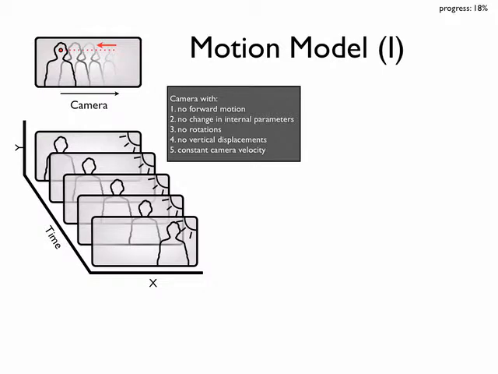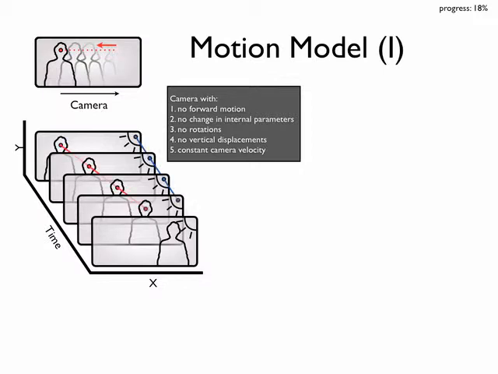Imagine the hypothetical, ideal case, where we have no forward motion, no change in internal parameters, no rotation, no vertical displacements, and the camera has a constant velocity.